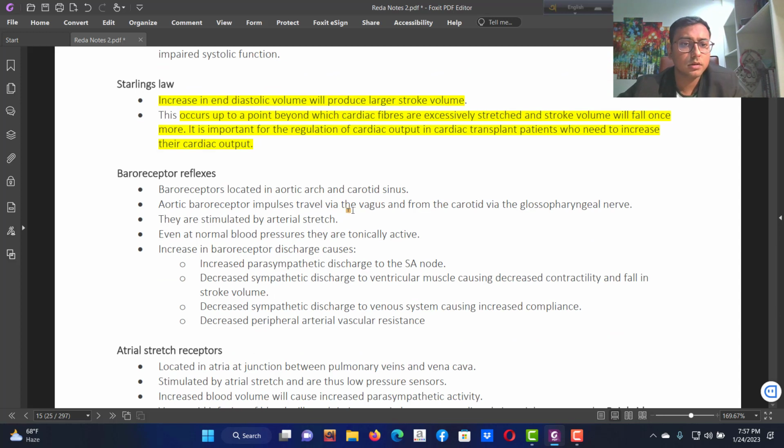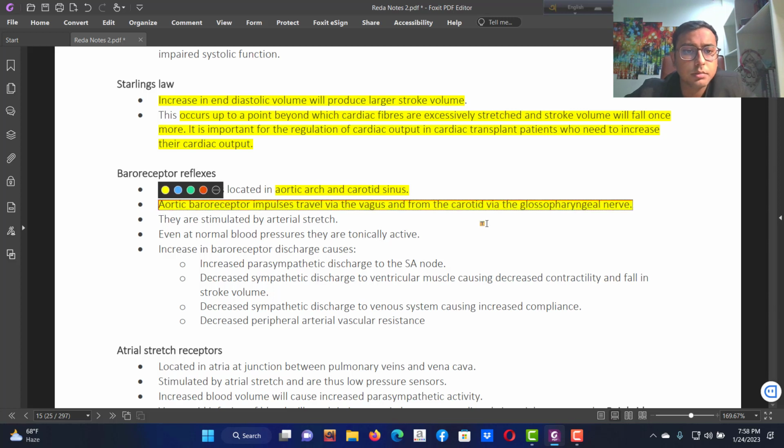Now the baroreceptor reflexes. Baroreceptors are located in the aortic arch and the carotid sinuses. The aortic baroreceptor impulses travel via the vagus, and from the carotid via the glossopharyngeal nerve.